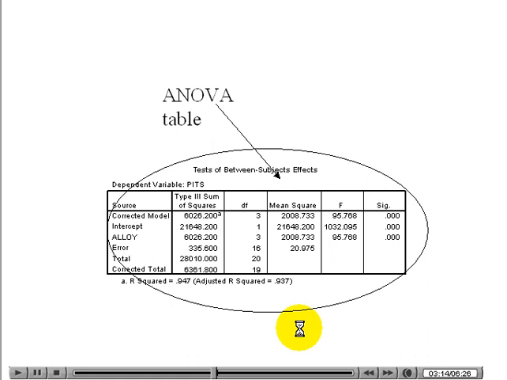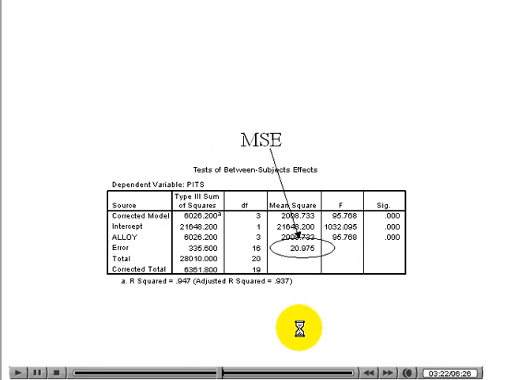The other chart which appears is the ANOVA table. In this ANOVA table, we will find some very important information. One thing we see is our mean squared error term. This serves as an estimate of sigma squared.